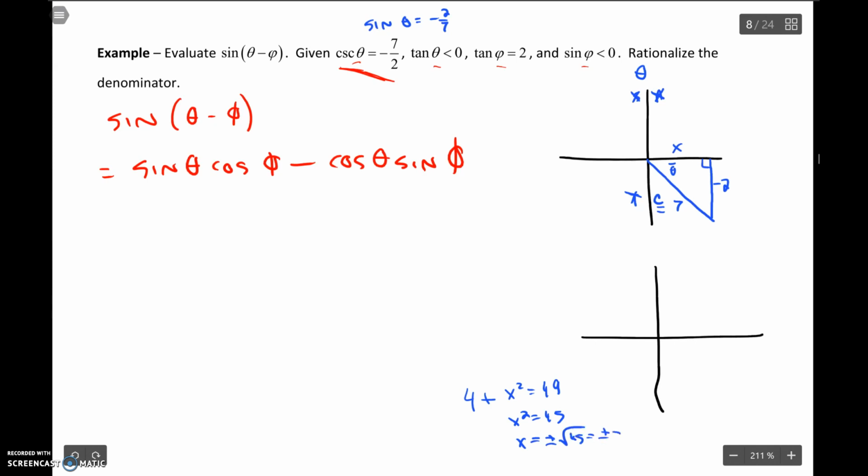I think that's got a 9 in it, 9 times 5. So the x coordinate here is positive 3 square root of 5 because it's in the positive direction. Okay, so now I can find the sine, cosine, tangent, secant. I can find anything for the angle theta. That's going to give me this one and this one. Now let's do the same thing with the angle phi.